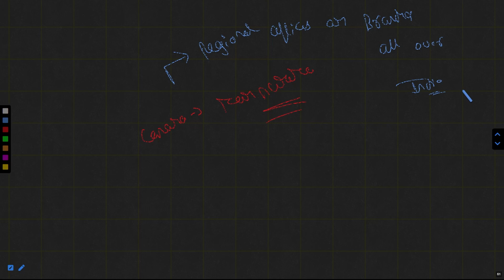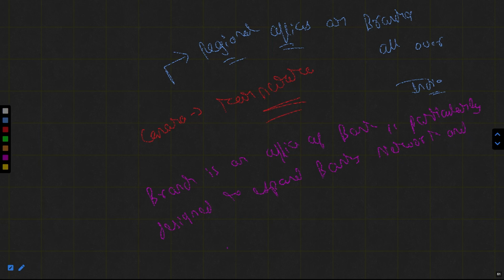So a branch is basically a regional office. In a simple definition, a branch is an office of a bank, particularly designed to expand the bank's network and to facilitate customers.